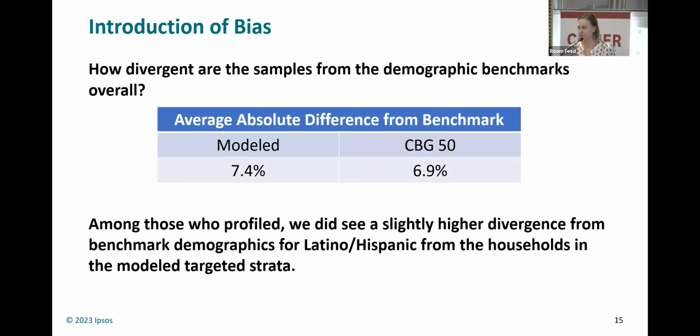Overall, looking at a summary measure, they both performed about the same. This is the average absolute difference from the benchmarks, a touch higher for the modeled versus the CBG 50, but basically no big difference there. It's not like one performed better than the other.